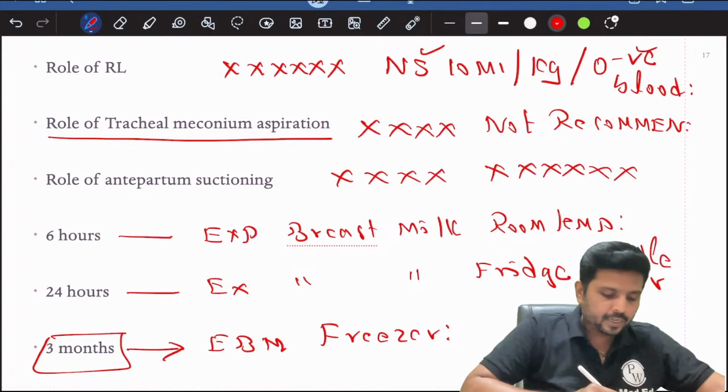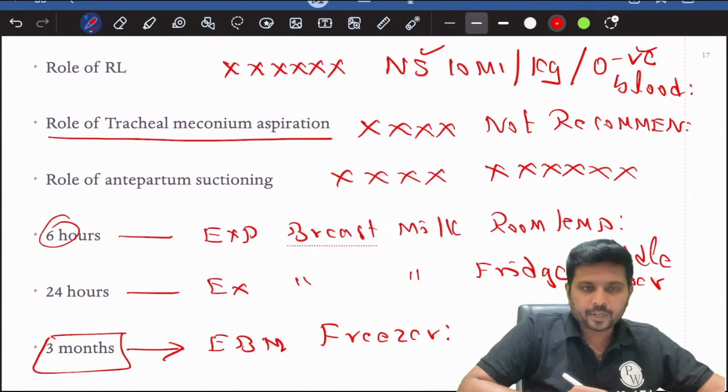Expressed breast milk: 6 hours room temperature, 24 hours middle and lower rack, and 3 months freezer.